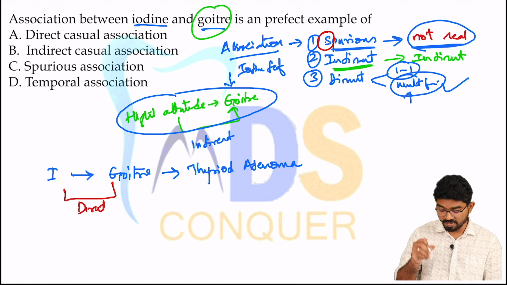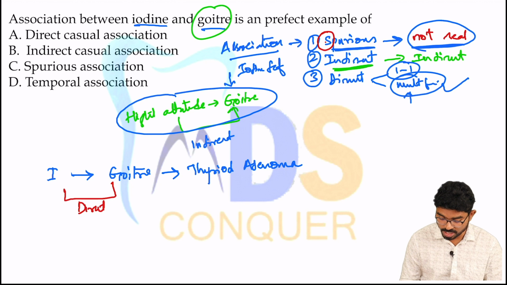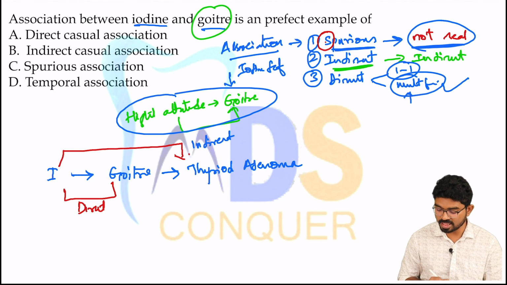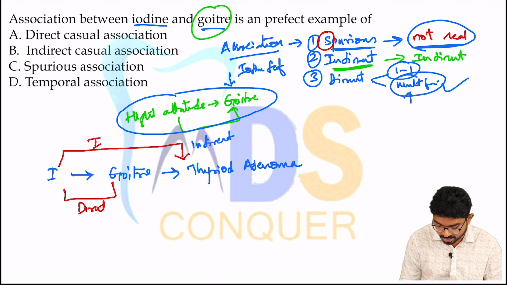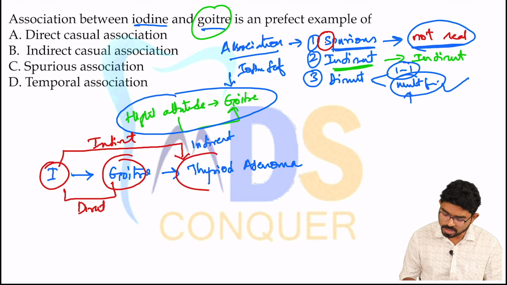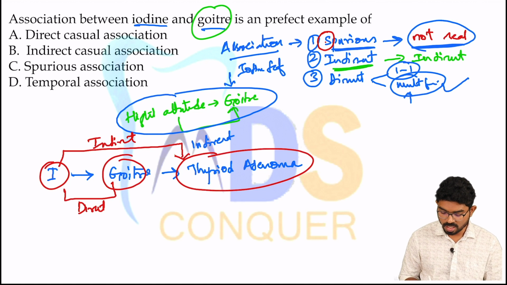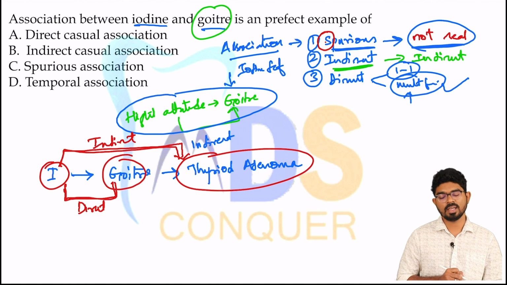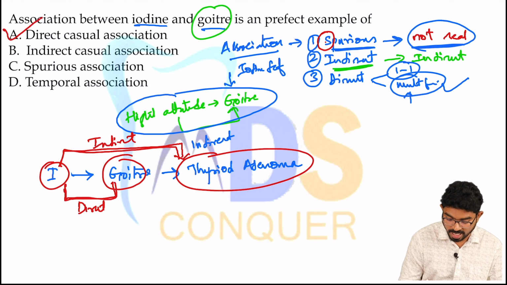So if they are giving an option, what is the association between iodine deficiency and thyroid adenoma? It is indirect, because it's going to cause goiter, and the goiter may lead to thyroid adenoma. So the association between iodine and thyroid adenoma is indirect, whereas the association between iodine and goiter is direct. So the answer is direct association.